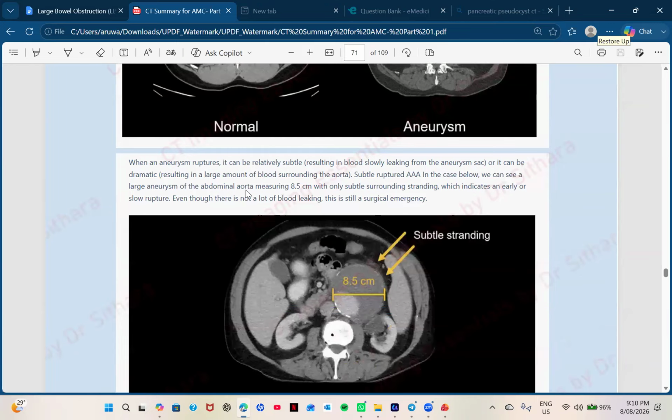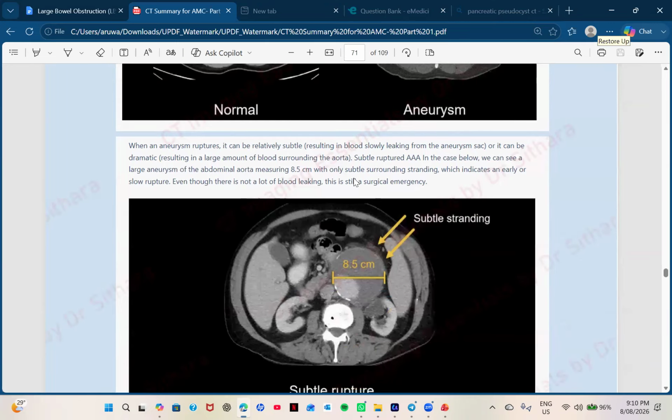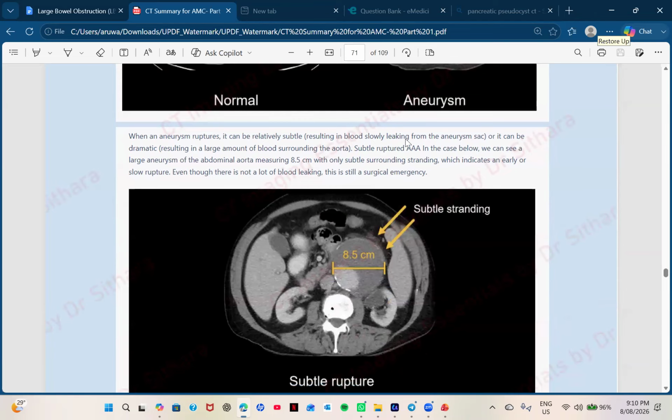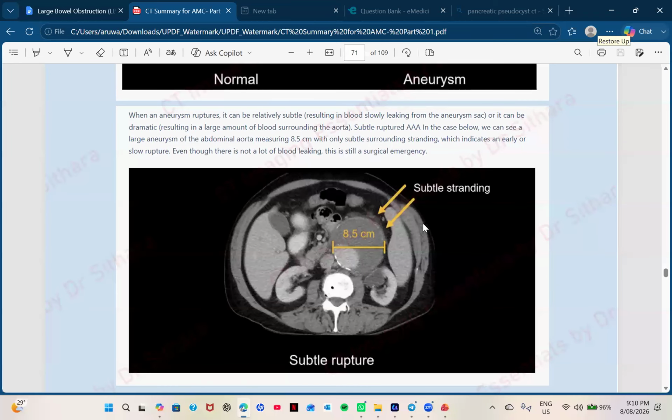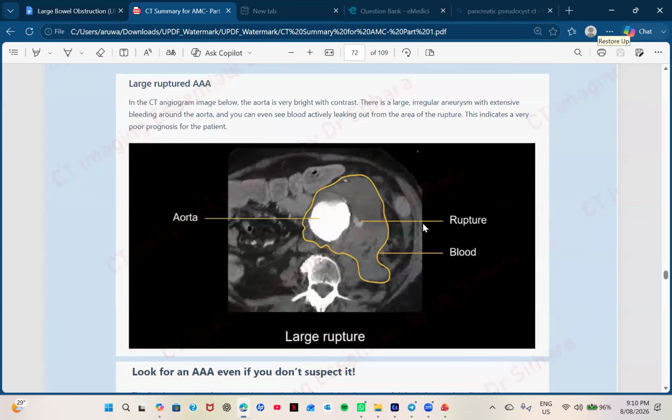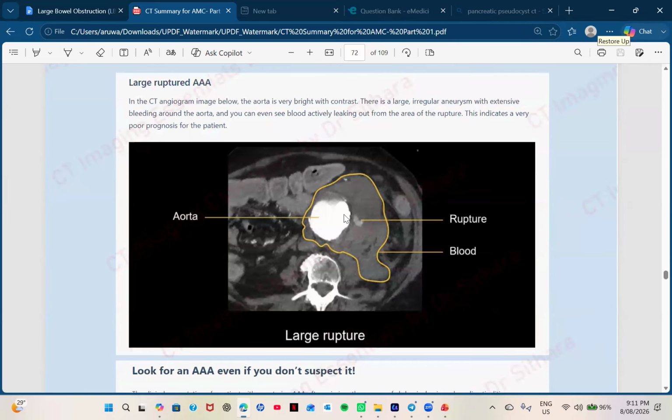When the aneurysm ruptures, it can be relatively subtle on CT, resulting in blood slowly leaking from the aneurysm sac, or it can be dramatic, resulting in a large amount of blood surrounding the aorta. I'll show a picture. Here the aorta, then the rupture, and here the blood.